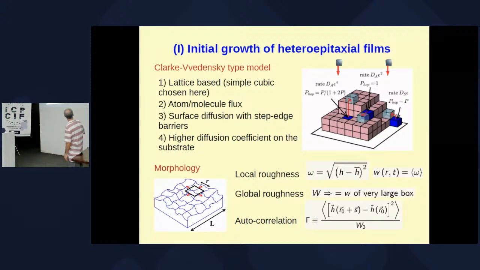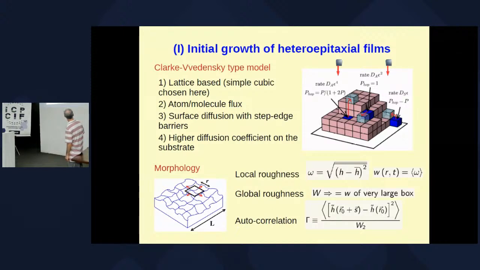For instance, in this case, this blue atom is going to move to the top of this neighboring column. So it has to overcome a barrier of height 2. So due to the hop, no, not only 2, 1, 2, 3. The difference of heights is 3.